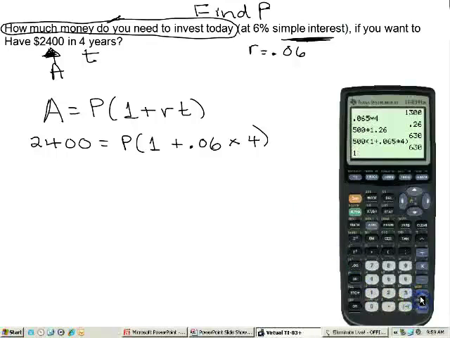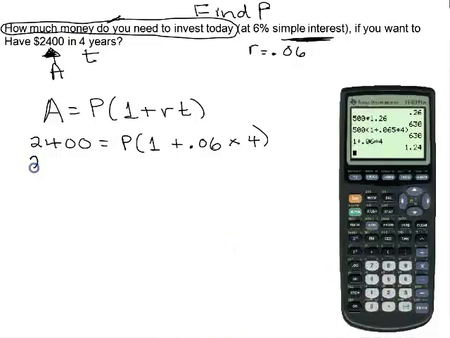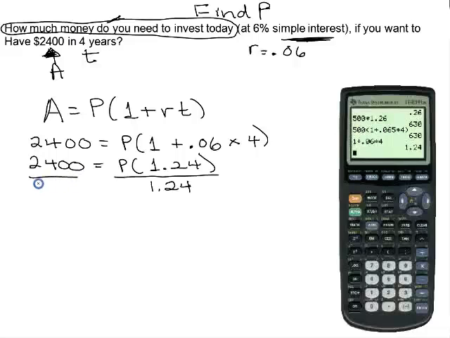So I'll have 1 plus 0.06 times 4, which is 1.24. So we'll have 2,400 equals P times 1.24. And then we'll divide both sides by the 1.24 to get P alone.